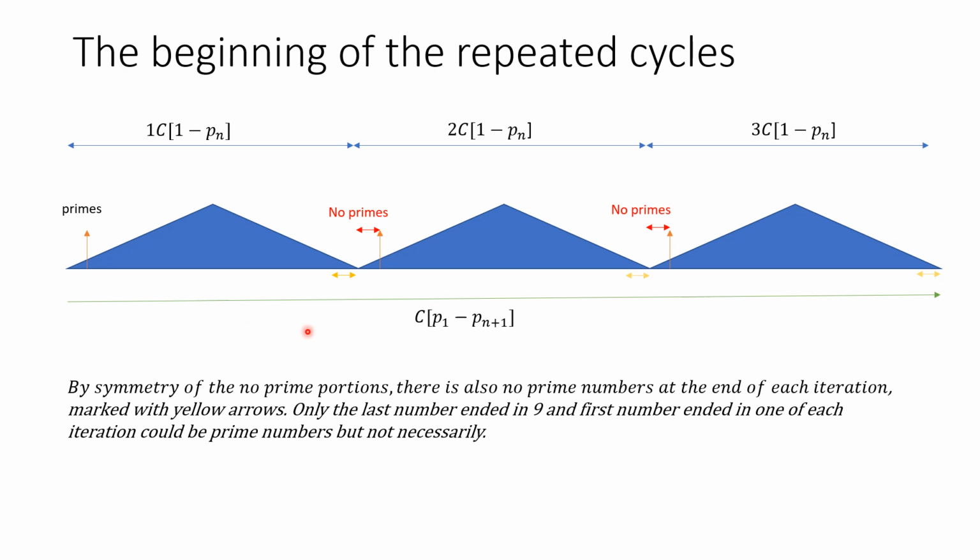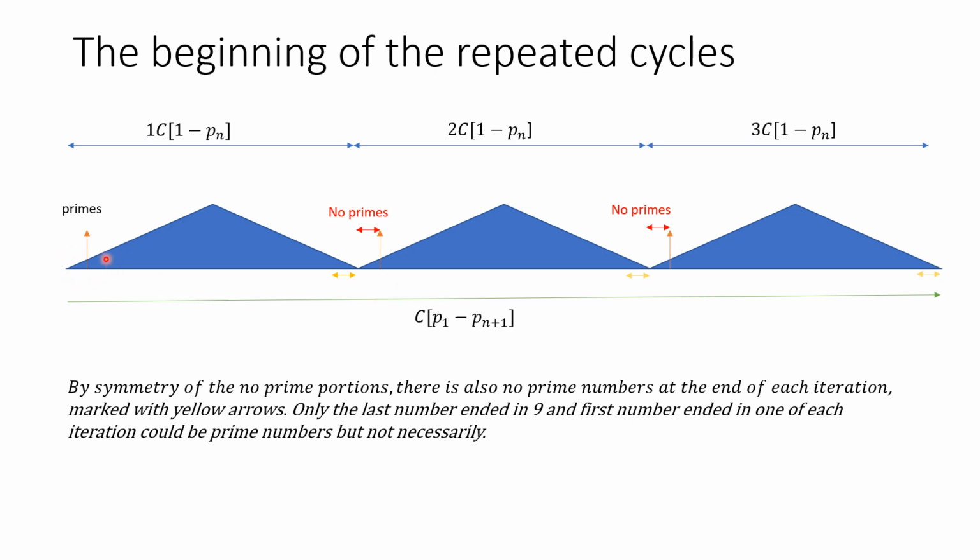Here we have something that is important also, that we have iterations of a cycle. Let's say this cycle, from 0 to PM, is going to produce at the beginning of each iteration a section where we have no prime numbers.